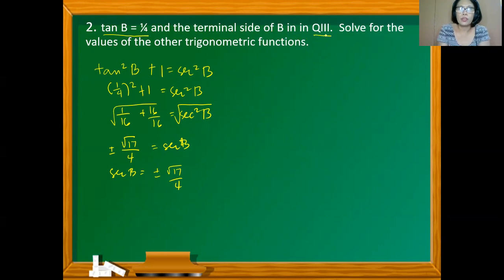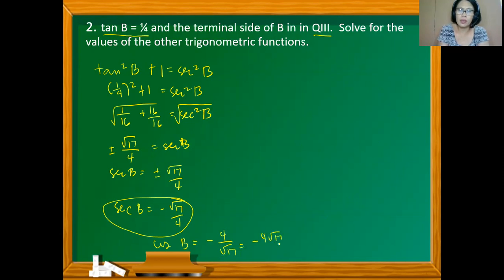So in quadrant 3, tangent and cotangent are positive. So the rest are negative. So secant B must be negative square root of 17 all over 4. So we know what secant B is, we can solve for cosine B. And cosine B is equal to negative 4 all over square root of 17, which is equal to negative 4 square root of 17 all over 17.